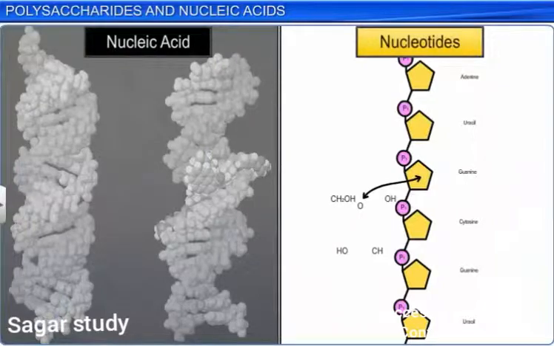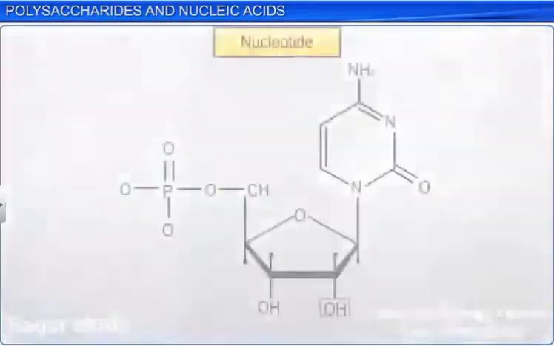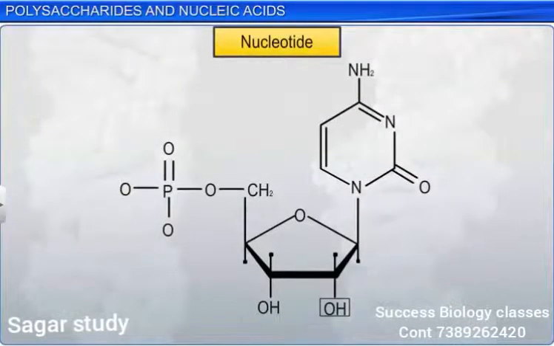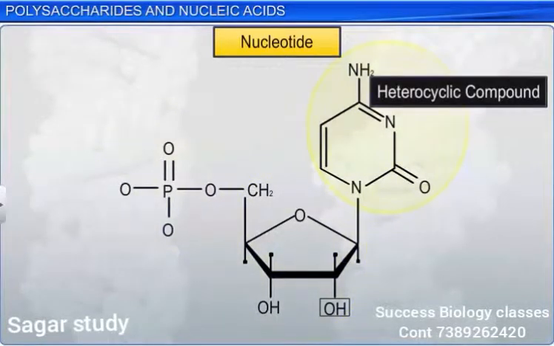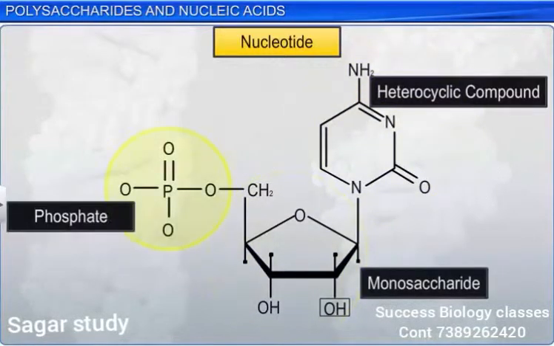A nucleotide acts as a building block of nucleic acid and forms a polynucleotide chain. A nucleotide has three chemically distinct components, namely a heterocyclic compound, a monosaccharide, and phosphoric acid or phosphate.